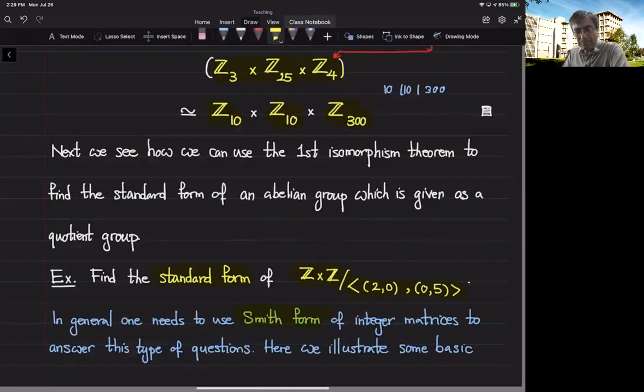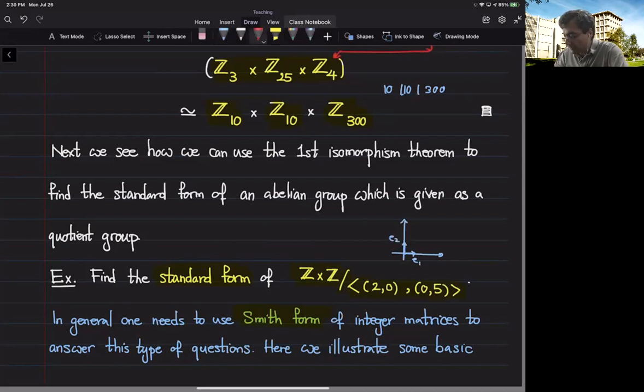But let me mention this before we get to the argument. The main point of this example is that we have (2, 0) and (0, 5). The point is that we are working with vectors that are multiples of the standard vectors E1 and E2, and that's why this example is rather easy.